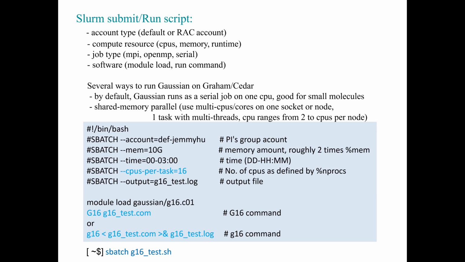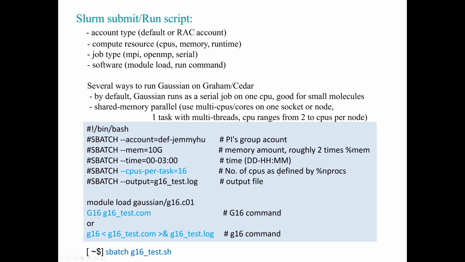On our wiki page, we recommend you use 16 CPUs to run your jobs. 16 CPUs is pretty good for most of your jobs. For some smaller jobs you can use 4 or 8, or go all the way to the maximum if you really have a big molecule.